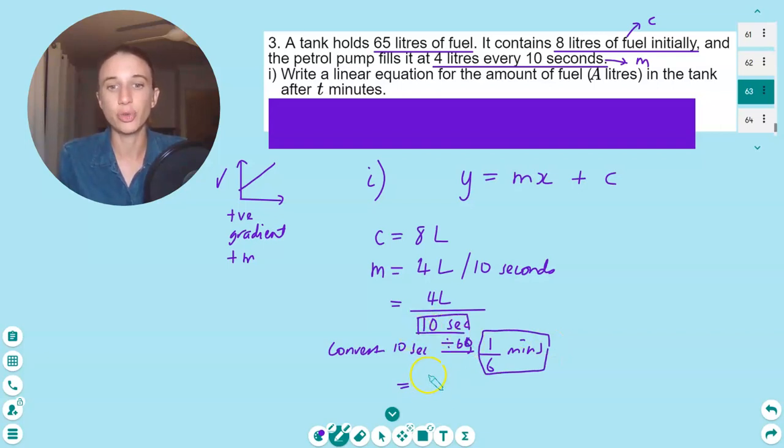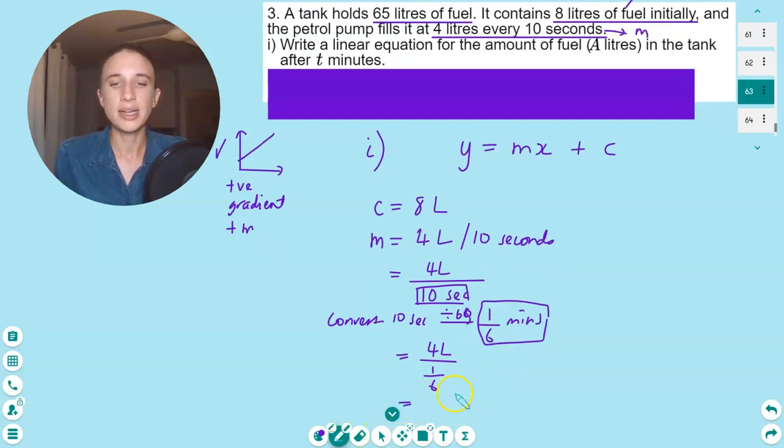So I'm going to just replace that in my rate equation. 4 litres over 1/6. 4 divided by 1/6. You can do that in your calculator, or you can say that that's times by the reciprocal, but let's not. 4 divided by 1/6 is 24.